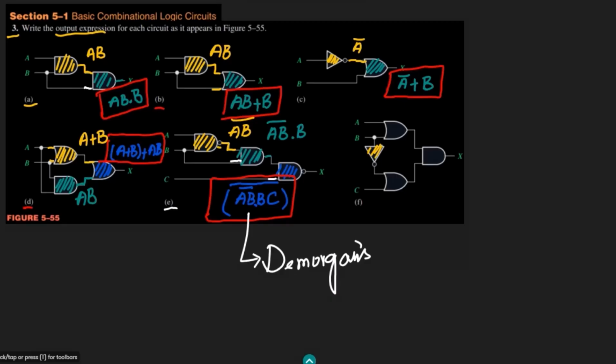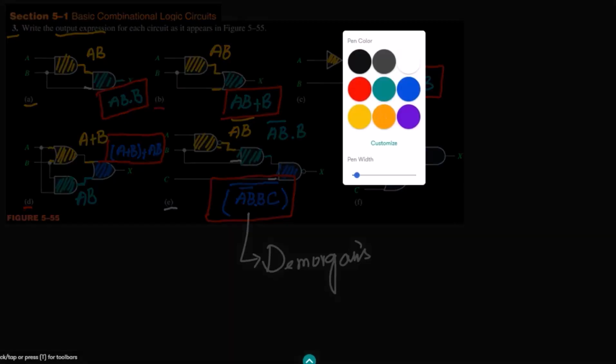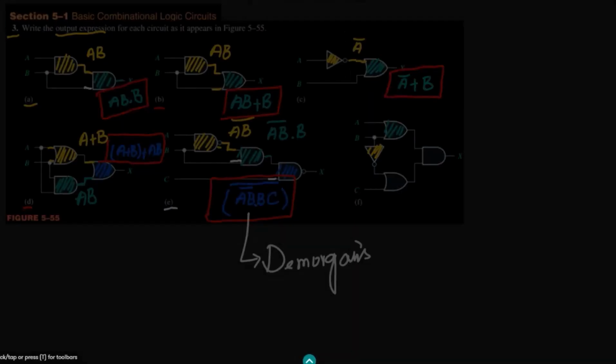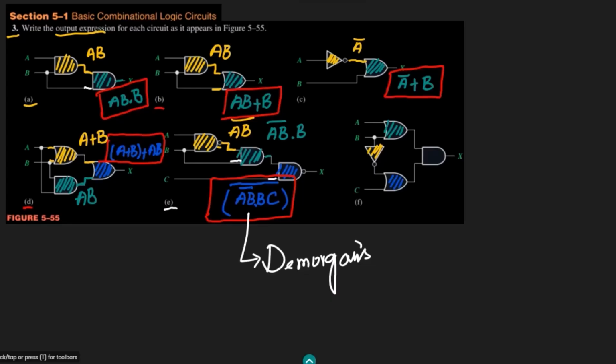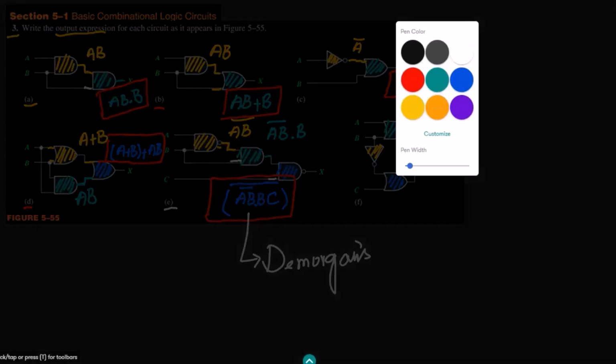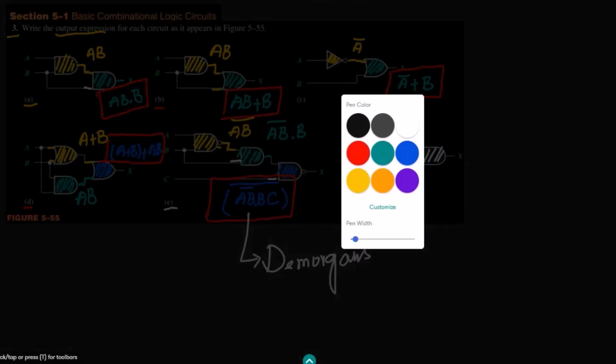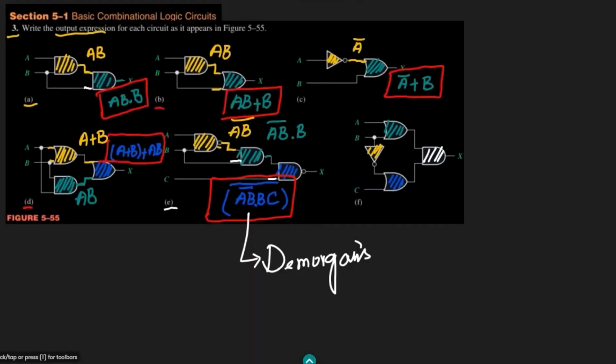Similarly here, let me see the outputs. Let me represent this NOT gate or inverter with this yellow color. Similarly the second AND gate with this one, this gate with this bluish one, and the output gate with this white color. This is the AND gate. The first input applied here is B complement.